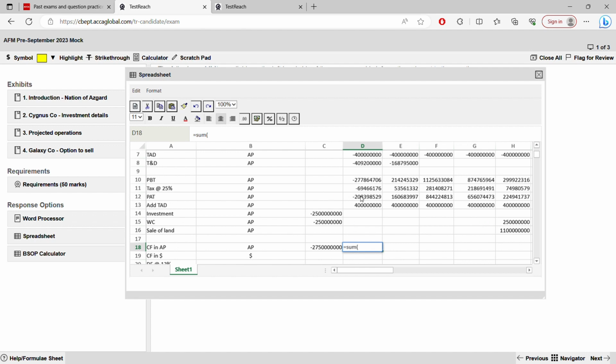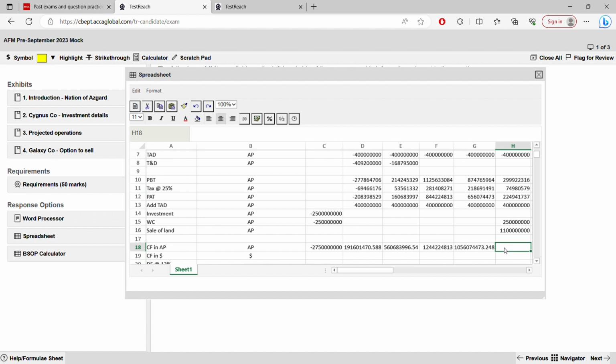So here when you do the sum function, you have to do it like this. Look at your P80, this one. You have to take these two numbers. Until year 4 you could do the same thing, but not here because here we have two more additional things. So when you copy paste it, it will only take these two, it will not take this.